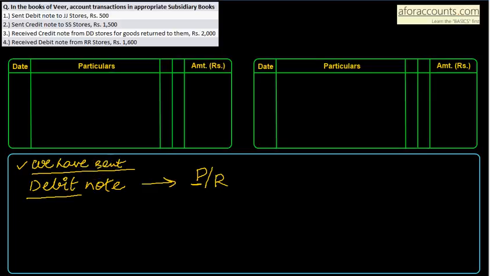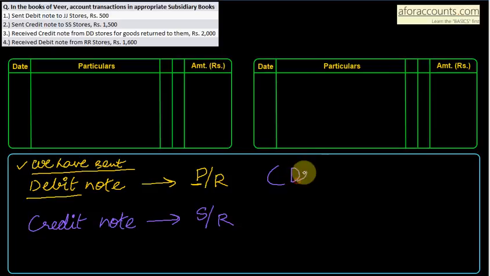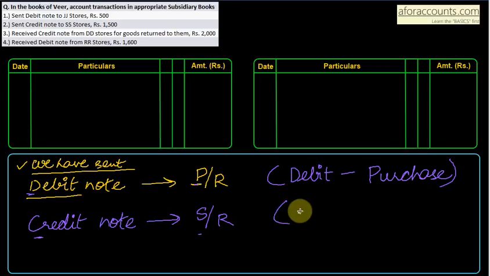And vice versa, if I am sending a credit note, then that will be your sales return. Debit is purchase. Now this is a way to remember. Debit is your purchase and credit is your sales, okay?